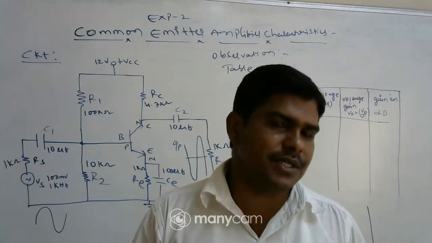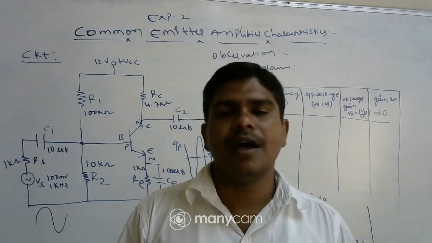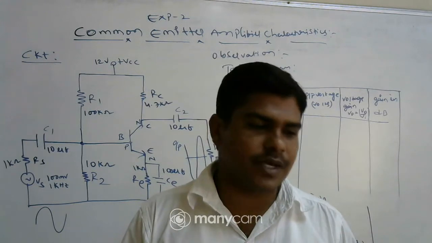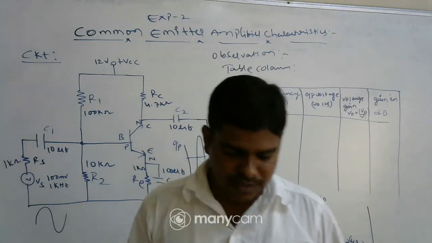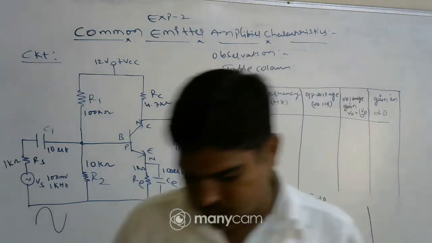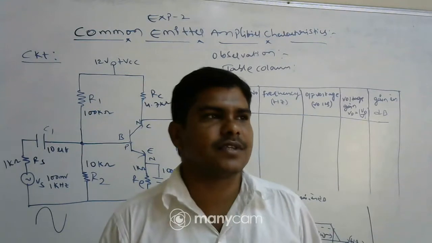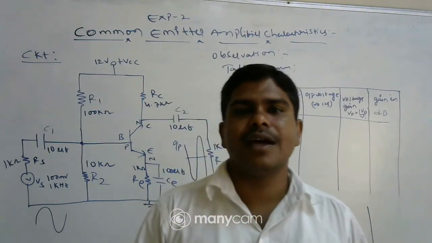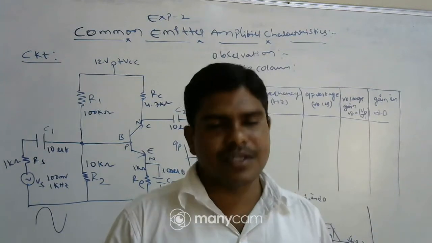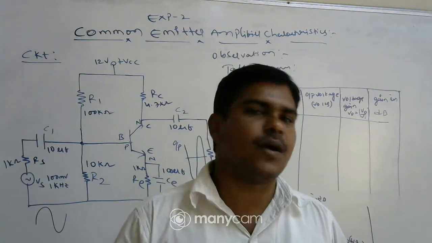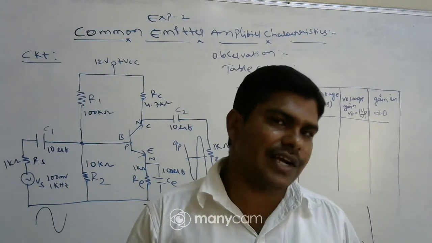For this experiment we are using the semi-log graph, which represents the amplifier frequency response. The main aim of this common emitter amplifier experiment is plotting the frequency response of the amplifier and its characteristics: the input resistance, the output resistance, the voltage gain and the current gain.